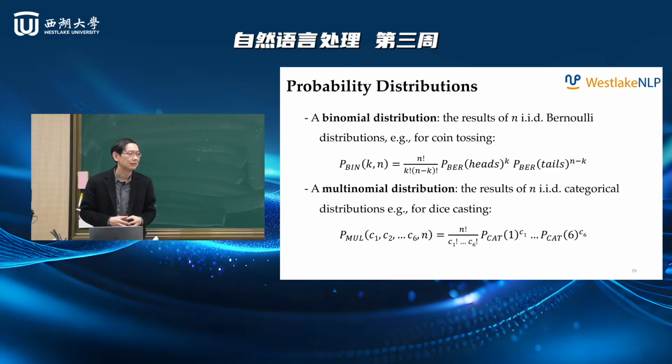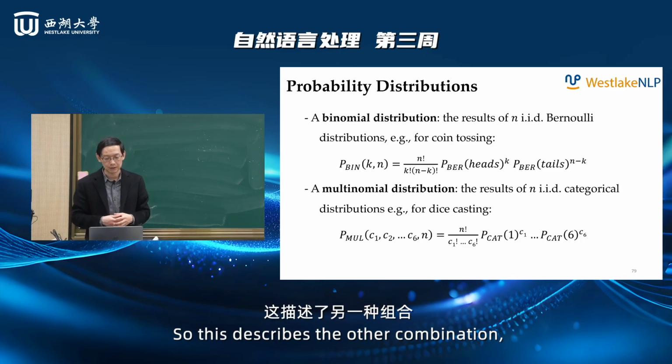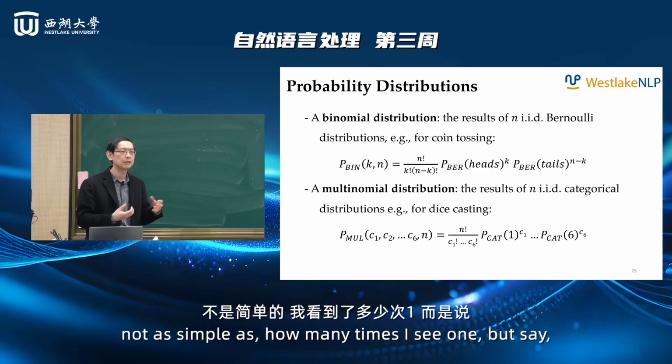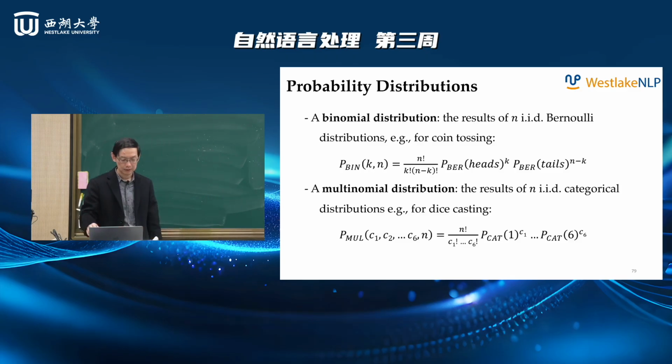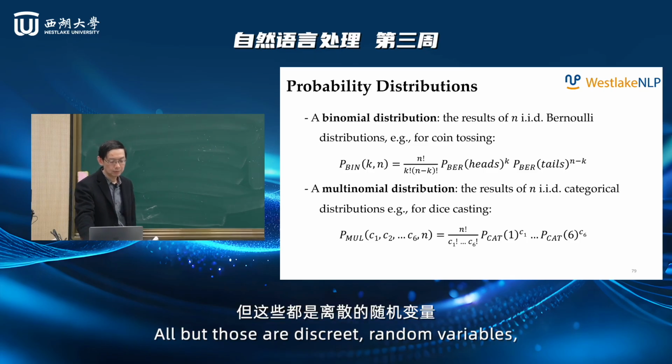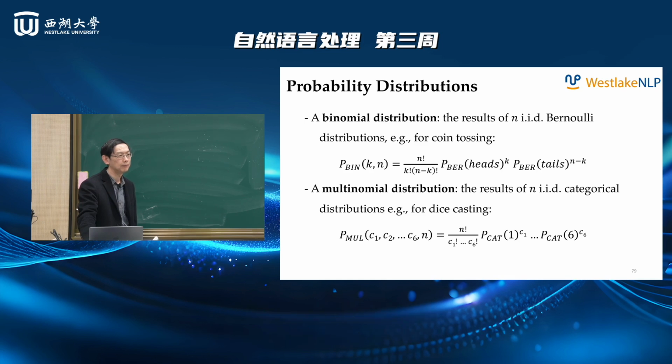It's not as simple as how many times I see 1, but how many times I see 1, 2, 3, 4, 5, 6 in this number composition. All right, but those are discrete random variables.